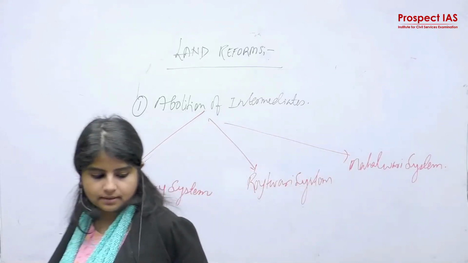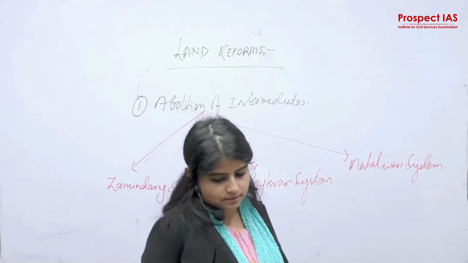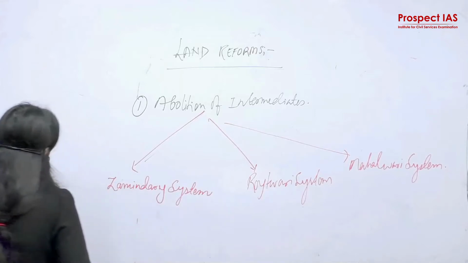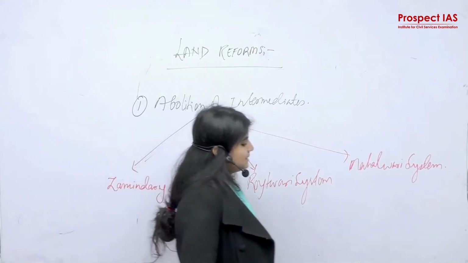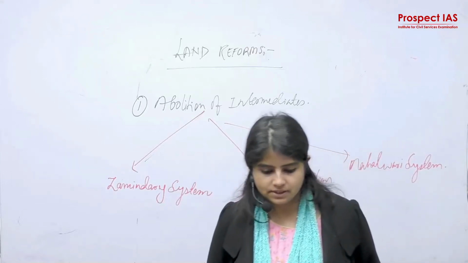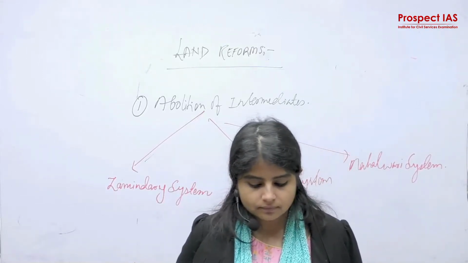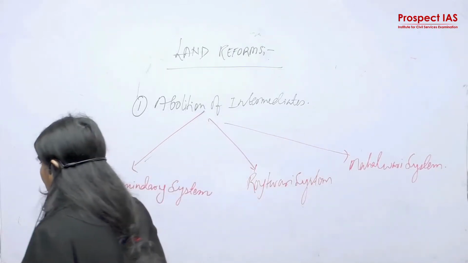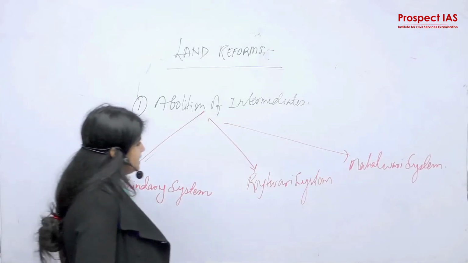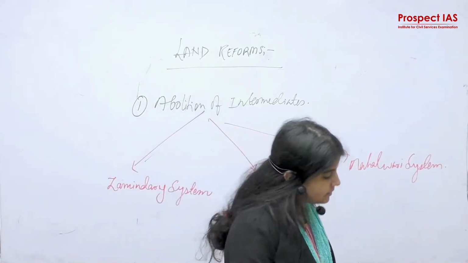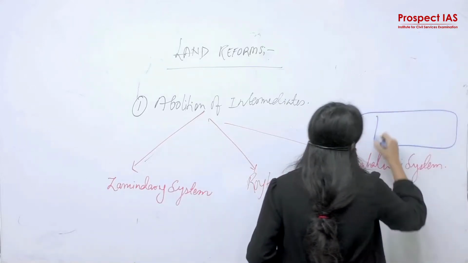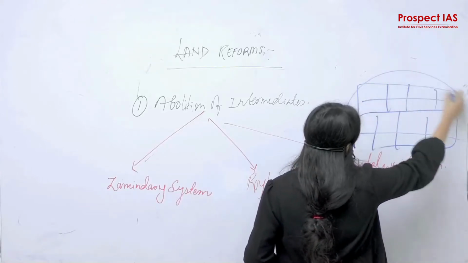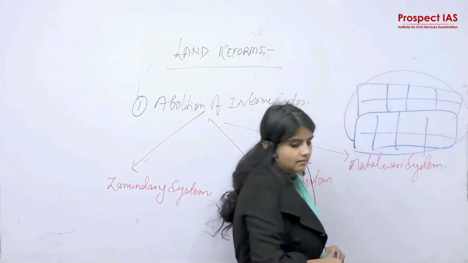Mahalvari was the third land settlement, in between the community of villages, where the members are jointly cultivating the land in the form of mahals. The piece of land was given the form of a mahal, like this, right? So all the village people will cultivate the land combinedly.